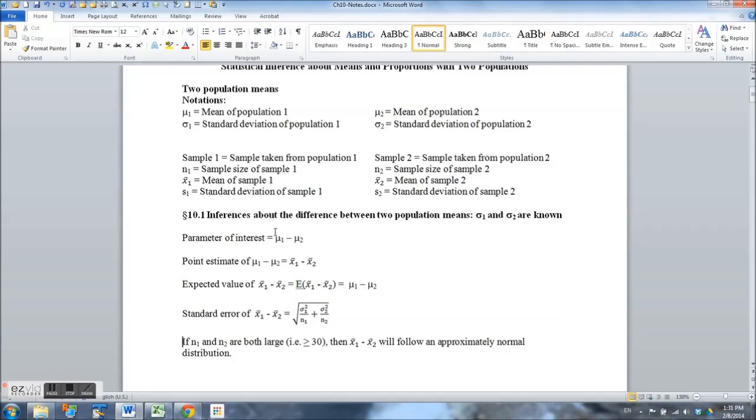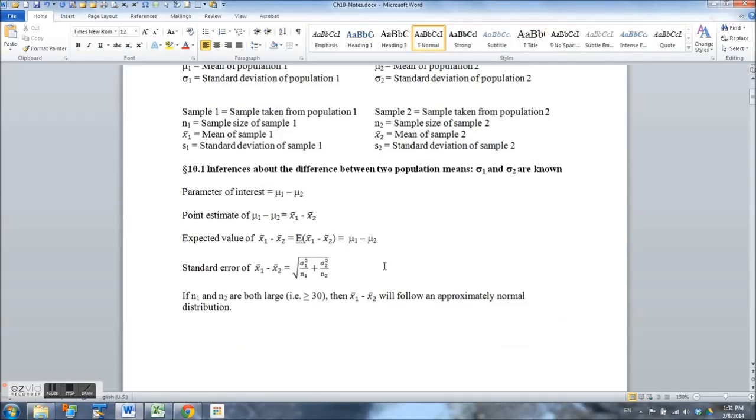Based on this information we can develop a confidence interval for the difference in mu sub 1 and mu sub 2, and for that we have to assume that the samples that we have taken, n sub 1 and n sub 2, are large. And by large we can use the rule of thumb that the sample sizes are both greater than or equal to 30. If that is so, then we can assume that the difference in the point estimates will follow an approximately normal distribution.